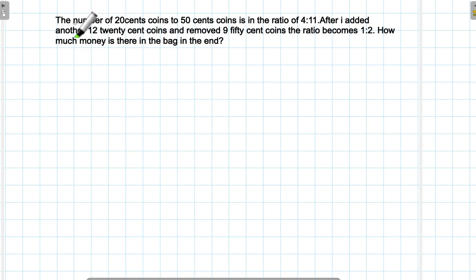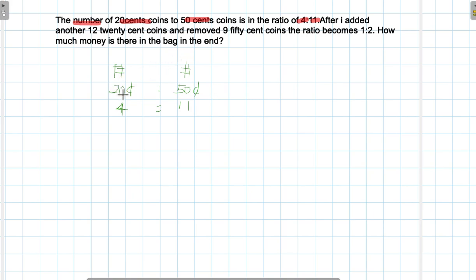so 20 cent to 50 cent, the ratio is 4:11. Just do it again. 20 cent, 50 cent, ratio is 4:11. This part is still the same as the previous question.